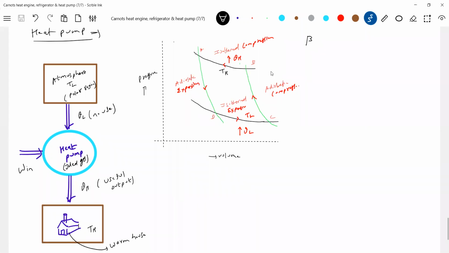Okay, then what is the formula now? Here, the heat should be extracted from the cold body and given to the hot body, no? The formula is the same thing.